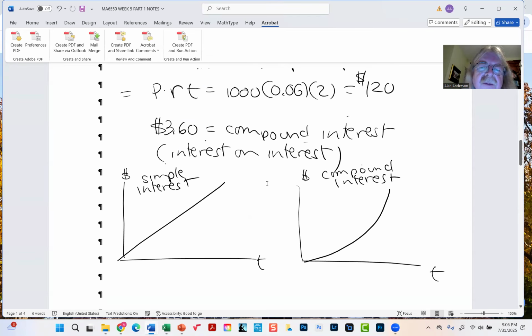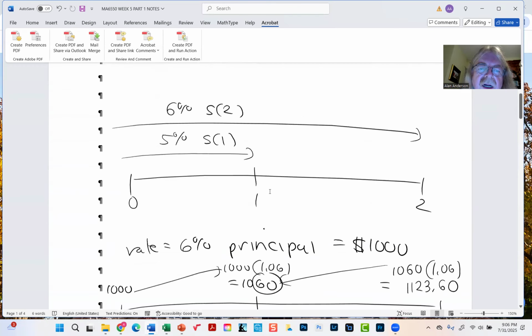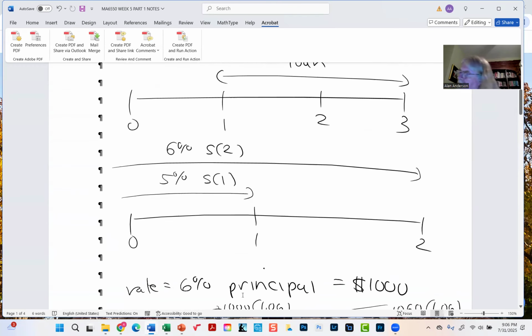But anyway, getting back to forward rates, what we want to know is, is there a rate of interest that would equalize the returns to doing two things? First, investing your money in the 2-year CD, or investing your money in the 1-year CD and then rolling it over into another 1-year CD. So that rate is referred to as a forward rate because it starts in the future.